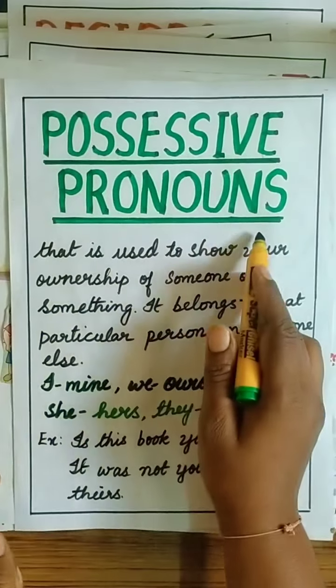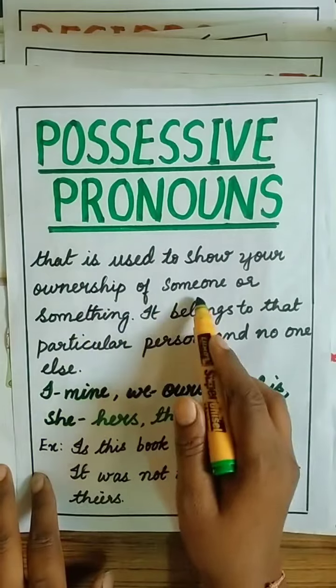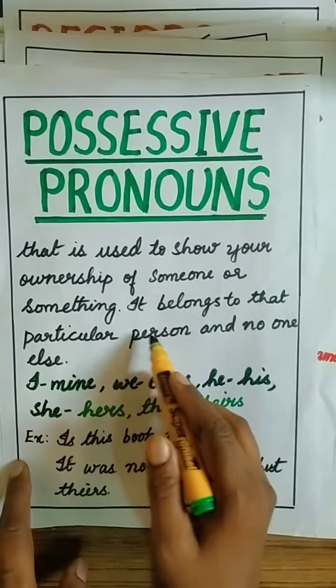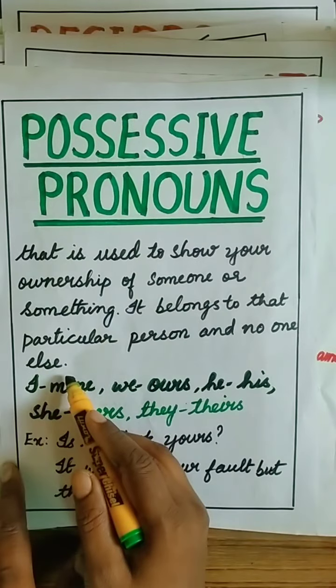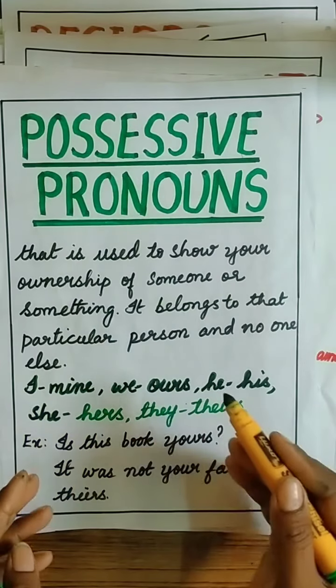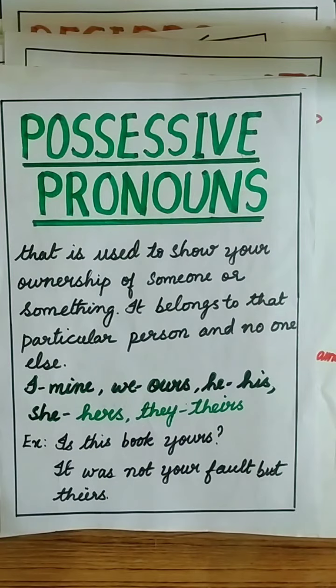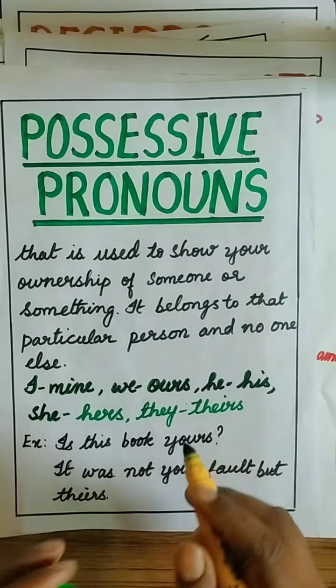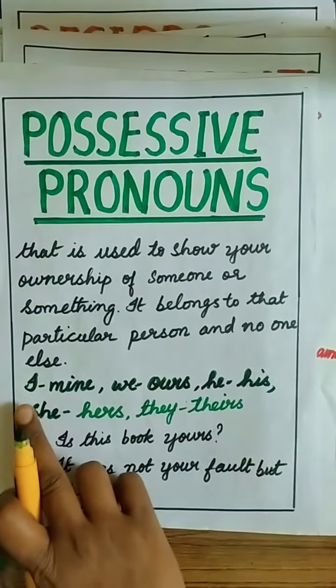Possessive pronouns. They are used to show your ownership of someone or something. It belongs to that particular person and no one else. So whenever we show our ownership of something or someone, that kind of pronoun is known as a possessive pronoun.